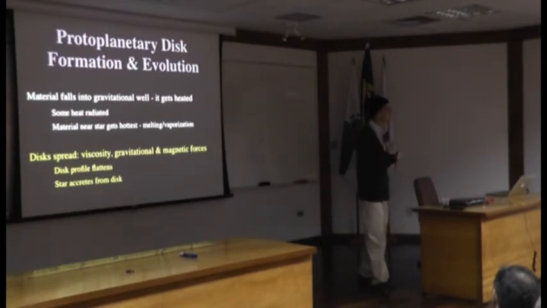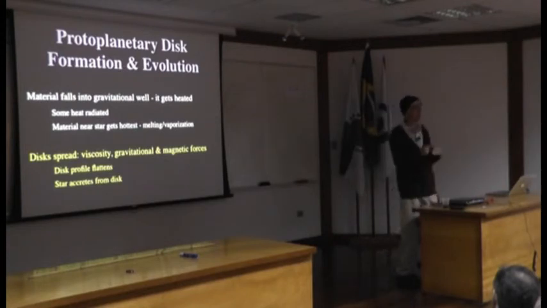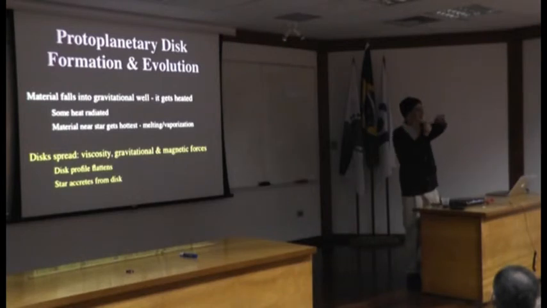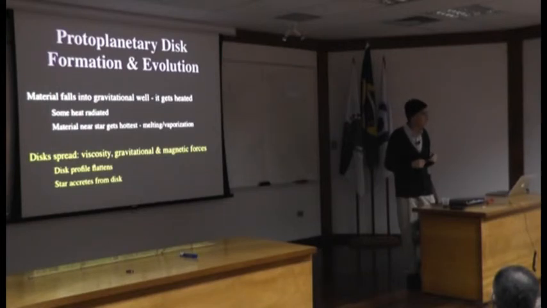The only way you can do it is if you have magnetic field lines threading the inner part of the disk and the star, and then the star is going around more rapidly. It's pulling the magnetic field and pulling the material around to try and match an angular velocity. And you don't need a lot of gas.